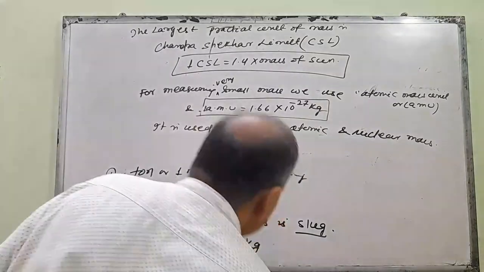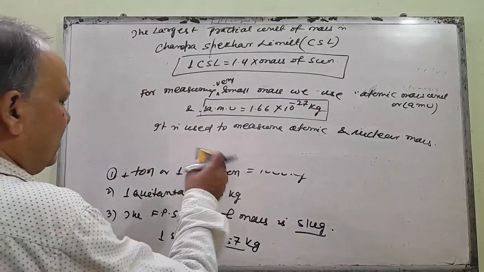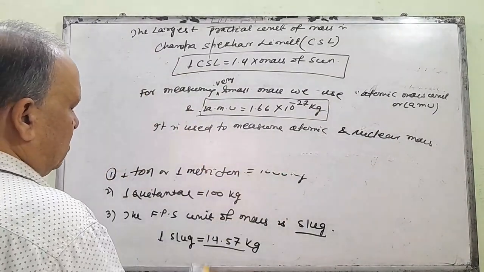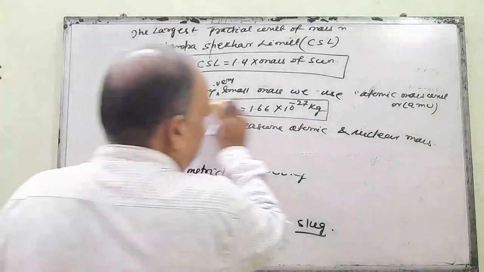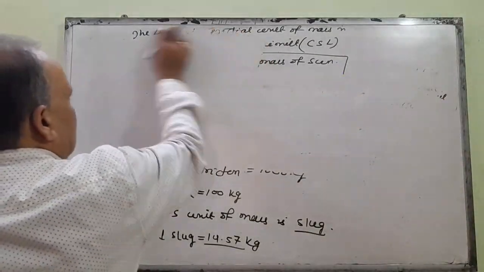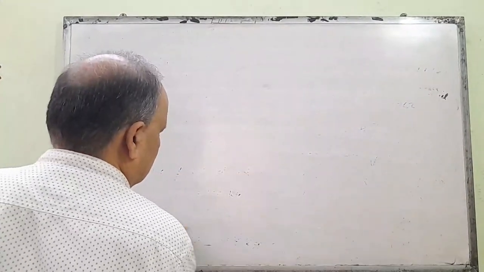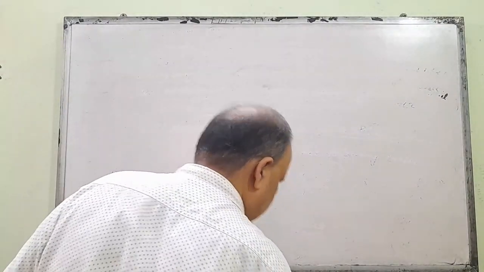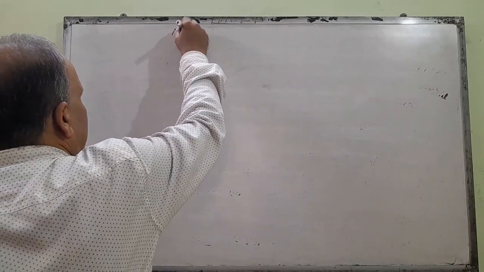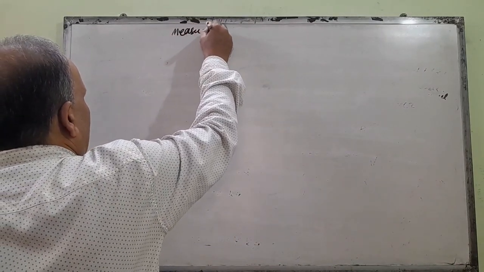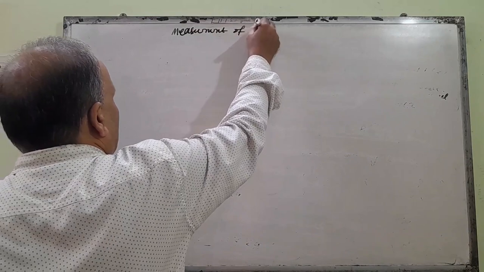Next, first was length, then mass, third is time. Measurement of time.